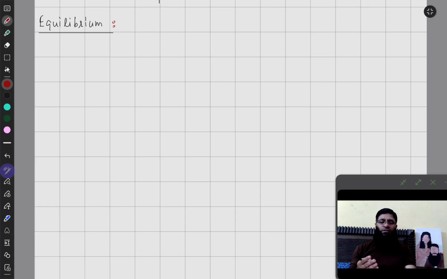There are some conditions, but all the conditions are related to physics. Right now, for this chapter and for this component of A level math, we will be using this definition. Equilibrium means the sum of all forces is zero.